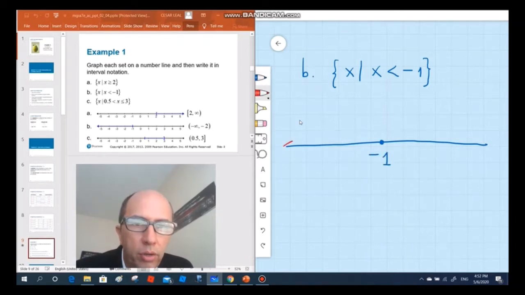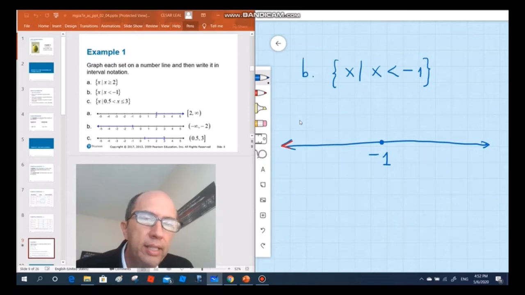And don't forget to represent that this is an infinity line, a line that goes to infinity. And x is less than -1. Less than -1 is everything in the left section of the line, right? Those are the numbers that are less than -1. Is -1 included? No, not included.